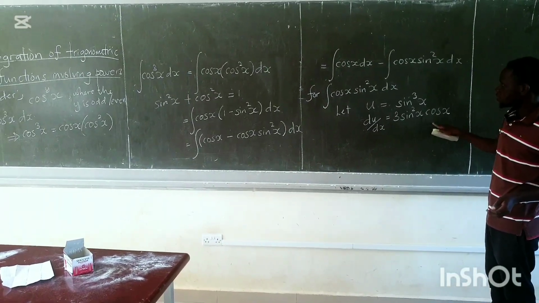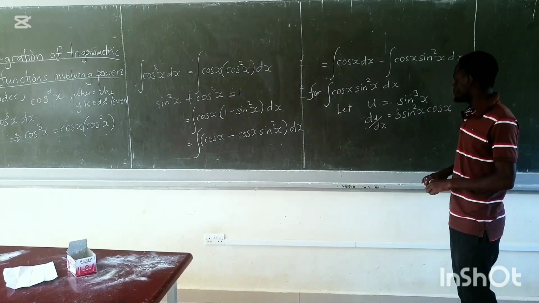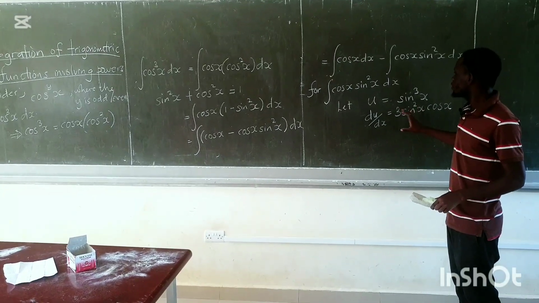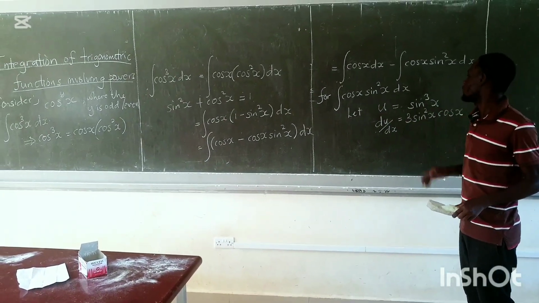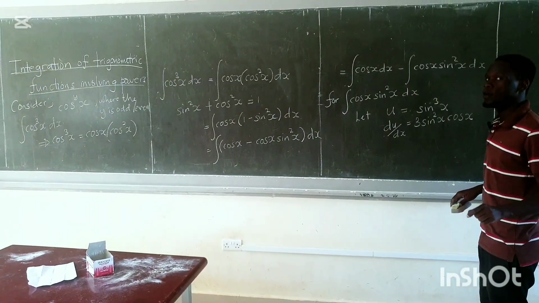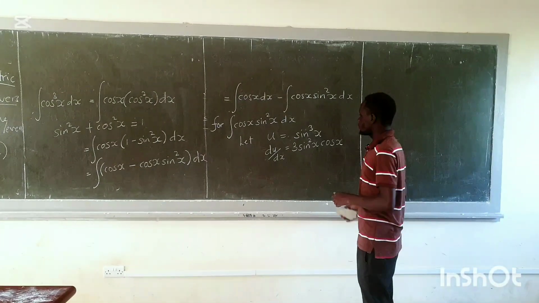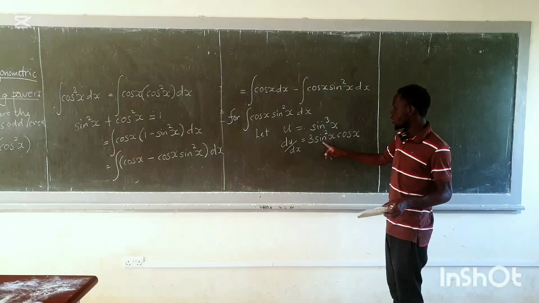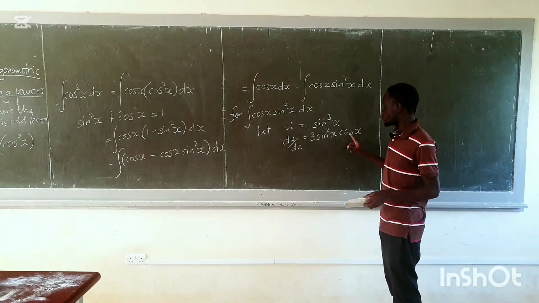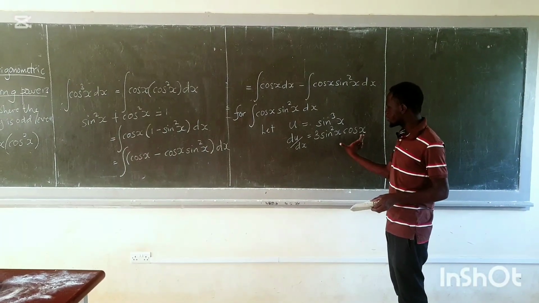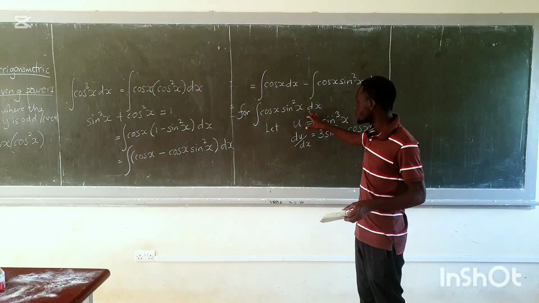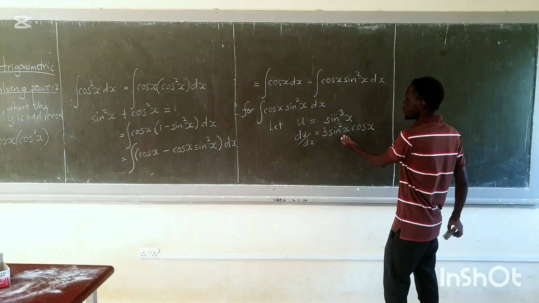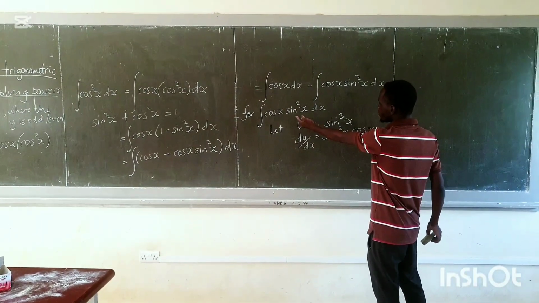Now you realize that what I get is exactly what is given here. So du/dx is equal to 3 sin^2 x times cos x. But this is what is here. How can I make this result similar to that?